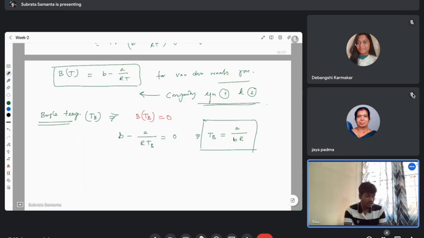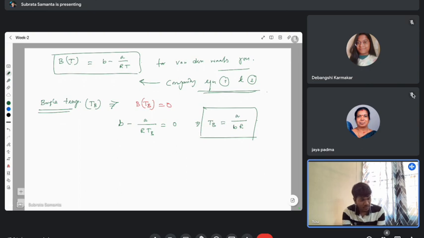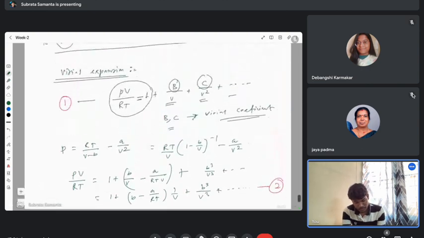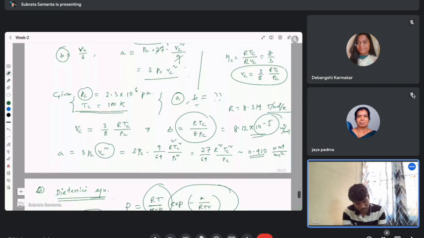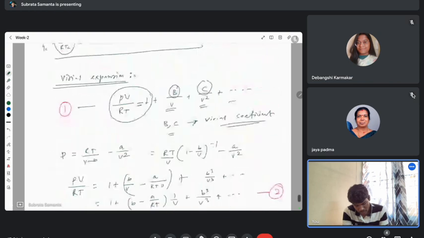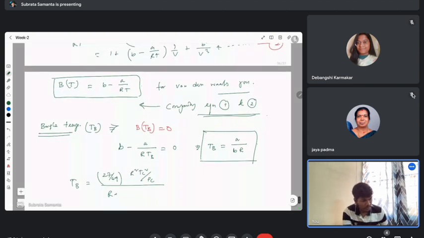For different gases, this leads to different results. So if we write a and b in terms of Pc, Vc, Tc, what are the values for van der Waals gas? So a is 27 by 64 R square Tc square by Pc, and R times b is what value?